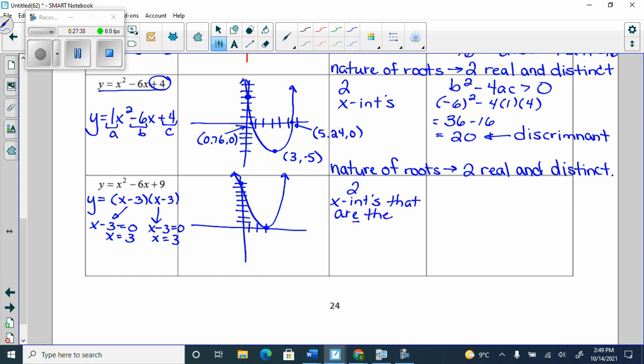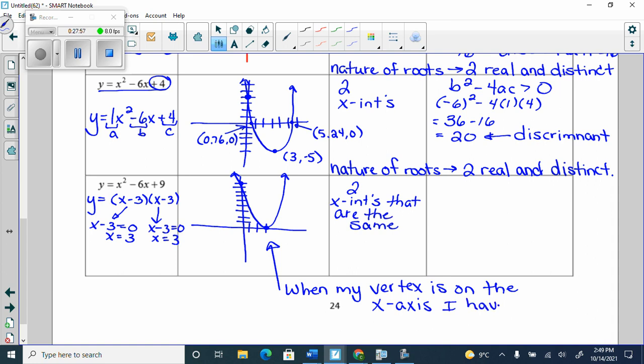And that happens when my vertex is on the x-axis, I have 2 x-intercepts that are the same.